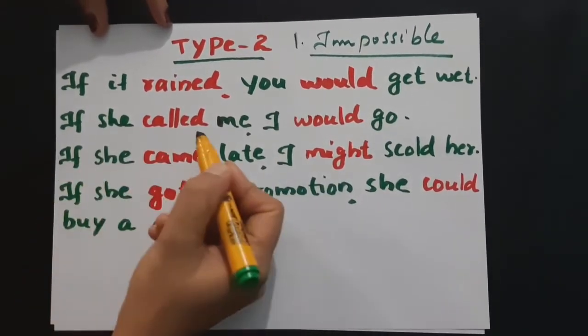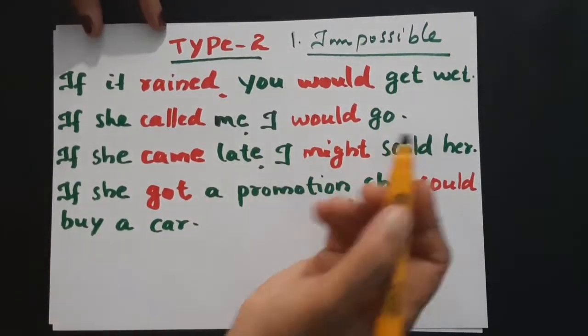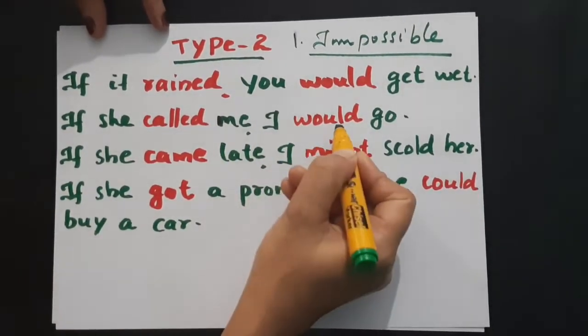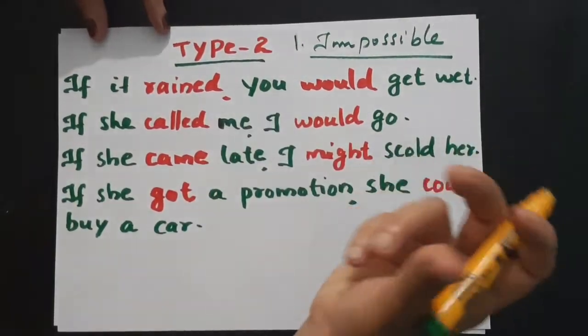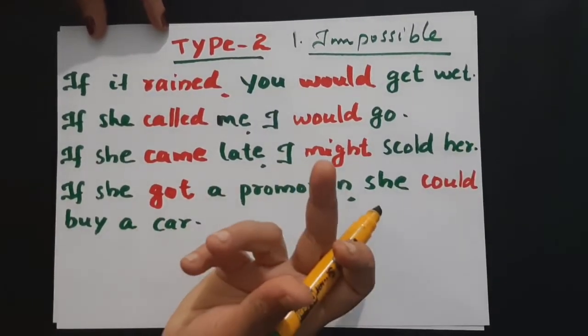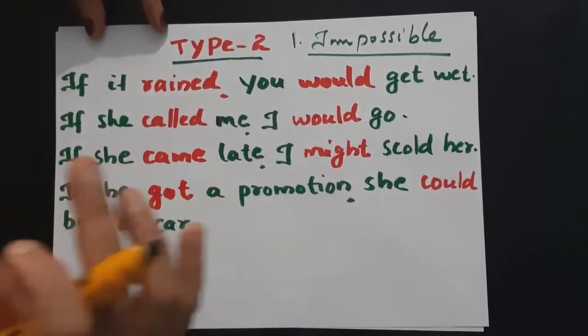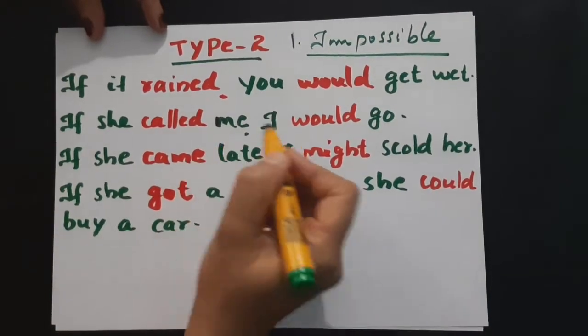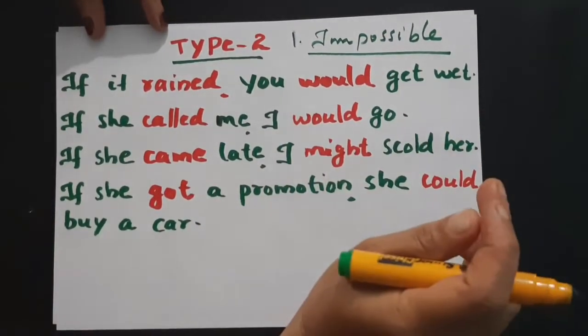If she called me, I would go. It means she didn't call him and he didn't go. Both the things didn't happen. But we imagine or think about an improbable situation. That is, if she called him, he would have gone. That is it, isn't it?